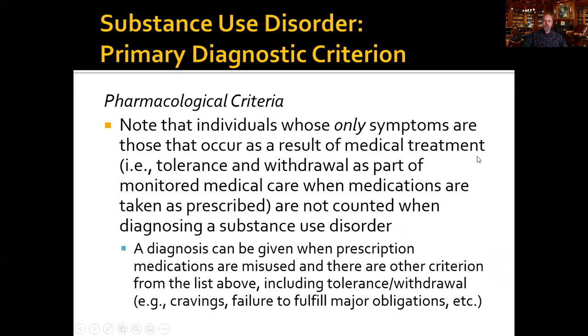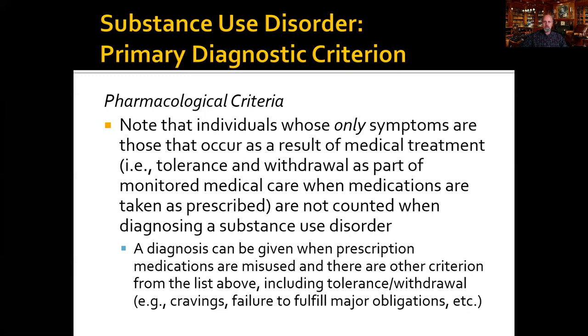Note that when you're trying to determine pharmacological criteria, if the person has symptoms that only occur as a result of medical treatment, say somebody broke their back in a car accident and is on narcotics prescribed by a physician, and they're titrating down off the narcotics yet still having some symptoms of withdrawal, that's not evidence of a substance use disorder as long as the person is taking the medications as prescribed.